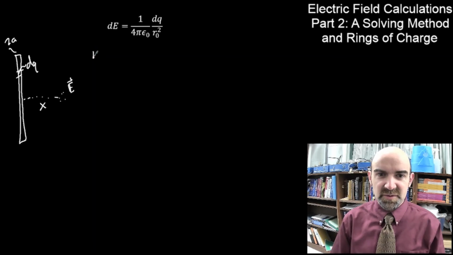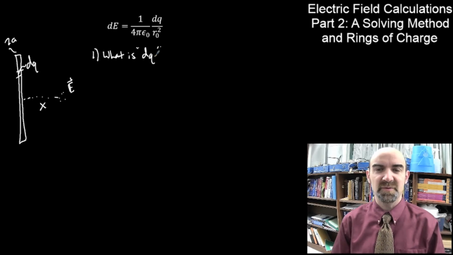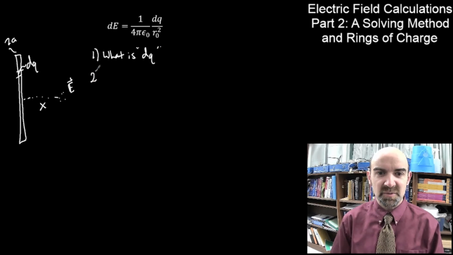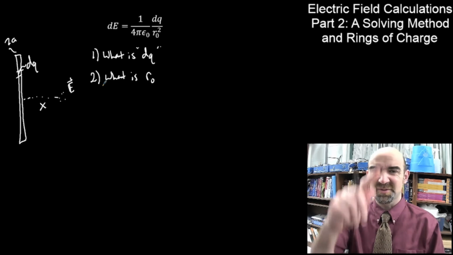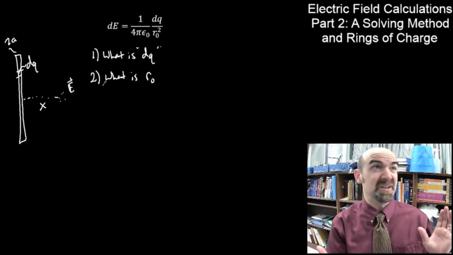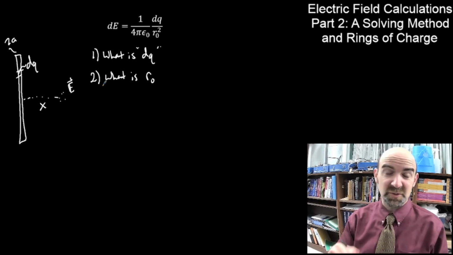We're going to first think about what is dq. This is our method of solving. What is dq? We have to figure out what dq is in this case. And number 2, what would that r be? Now I've got r naught because there can be a lot of r's in these cases, especially when we get into rings where there's a radius of the ring, and later on we're going to get to a sheet of charge, a circular sheet, and there's a radius of that sheet.